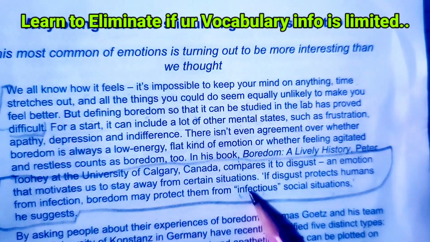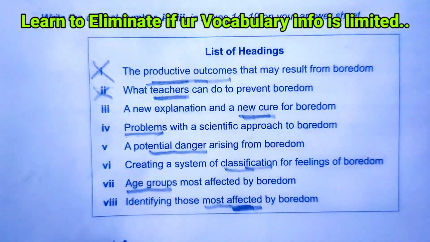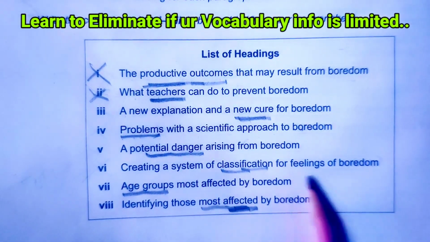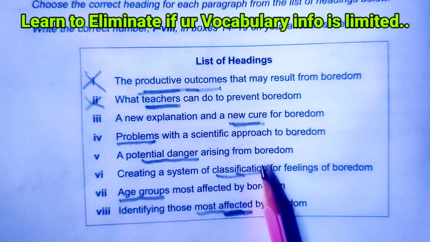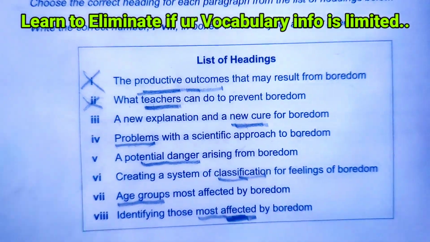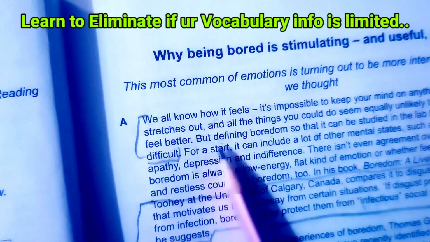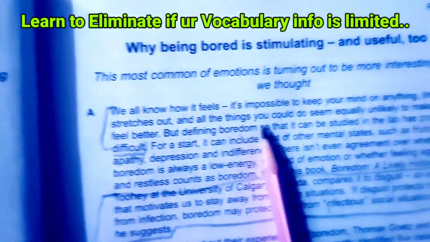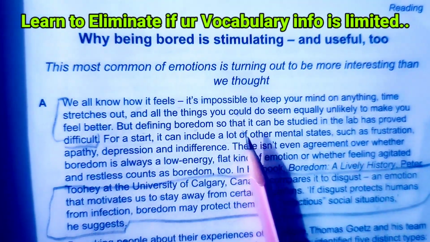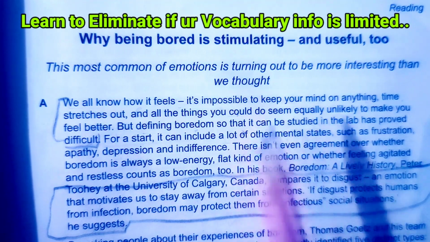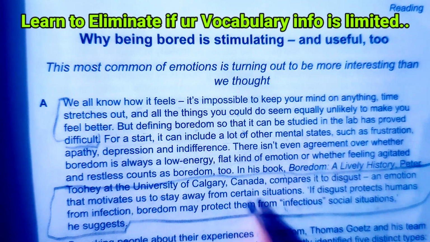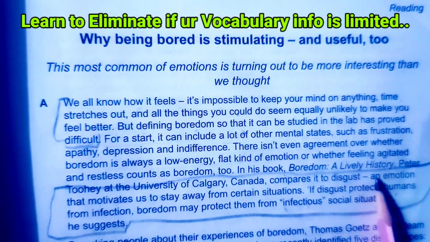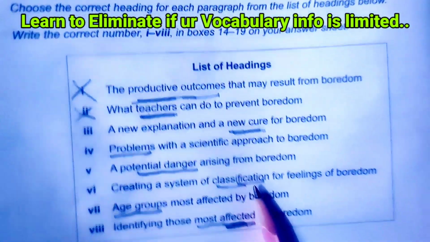Any negative outcome. Okay. Then the next, classification of the feelings of boredom. Classification means like division, right? Types, kinds. So there they were telling that it is difficult to study boredom in the lab. Then he was comparing it with different mental states, and after that he was comparing it with disgust. That's it. So I don't feel that any classification has been done.